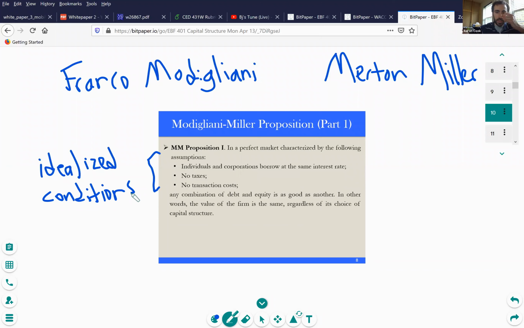And so this first proposition, Franco Modigliani and Merton Miller's first proposition, has to do with what the overall firm value is when investors have access to the same borrowing opportunities as the firm does. That's this first point. The corporations and the investors themselves have access to the same credit markets to borrow at the same rate.